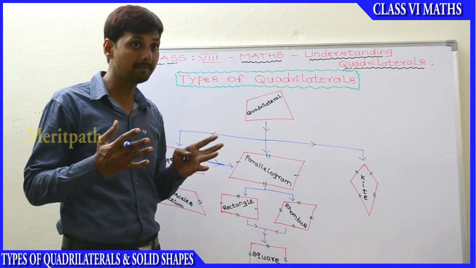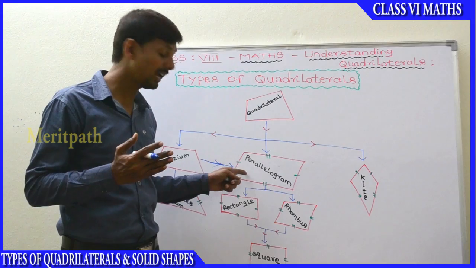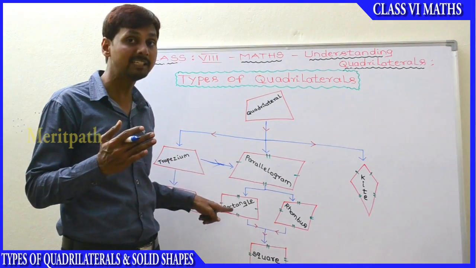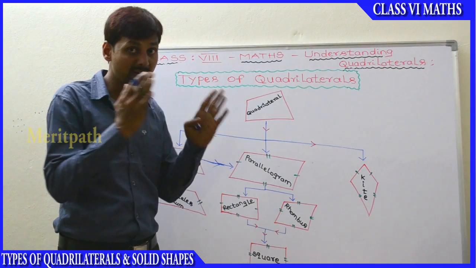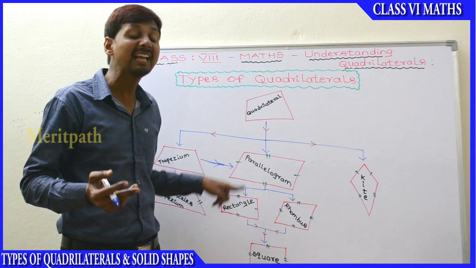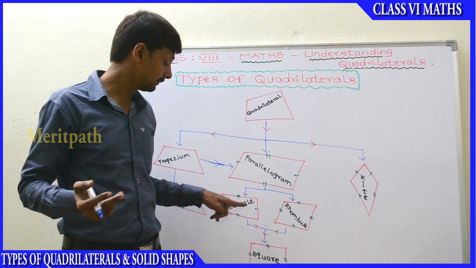In a parallelogram, if each angle becomes 90 degrees, if you take a parallelogram and make each angle equal to 90, then it becomes a rectangle.